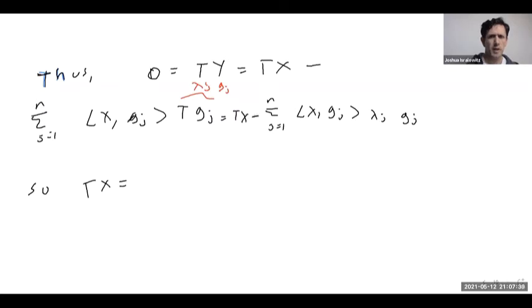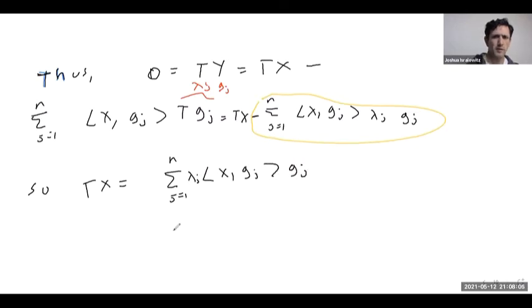It's going to be Tx minus this. So this means that Tx, just add this to both sides, Tx is going to be this sum here. All right, and in this case, we're almost done, not quite.